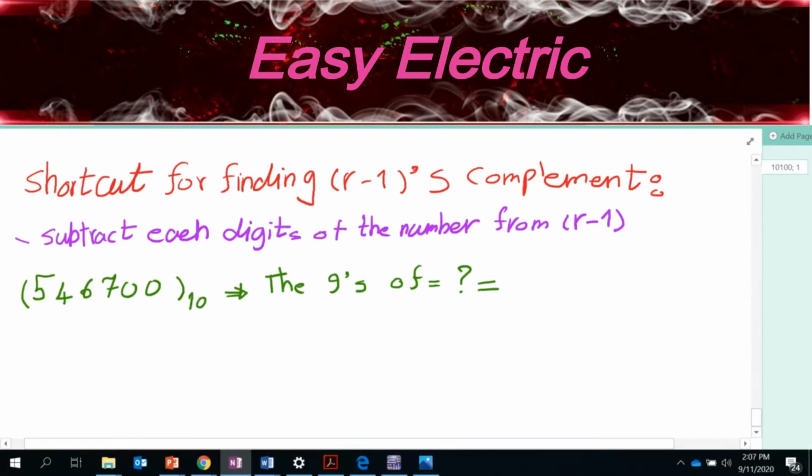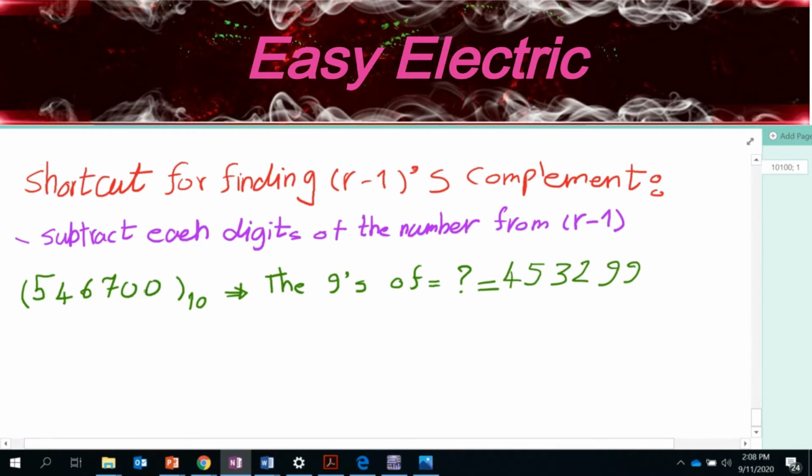So you subtract each digit from 9. 9 minus 0 is 9. 9 minus the second 0 is again 9. 9 minus 7 is 2. 9 minus 6 is 3. 9 minus 4 is 5. And finally, 9 minus 5 is 4. So 4 5 3 2 9 9 is the 9's complement of the number that you see.